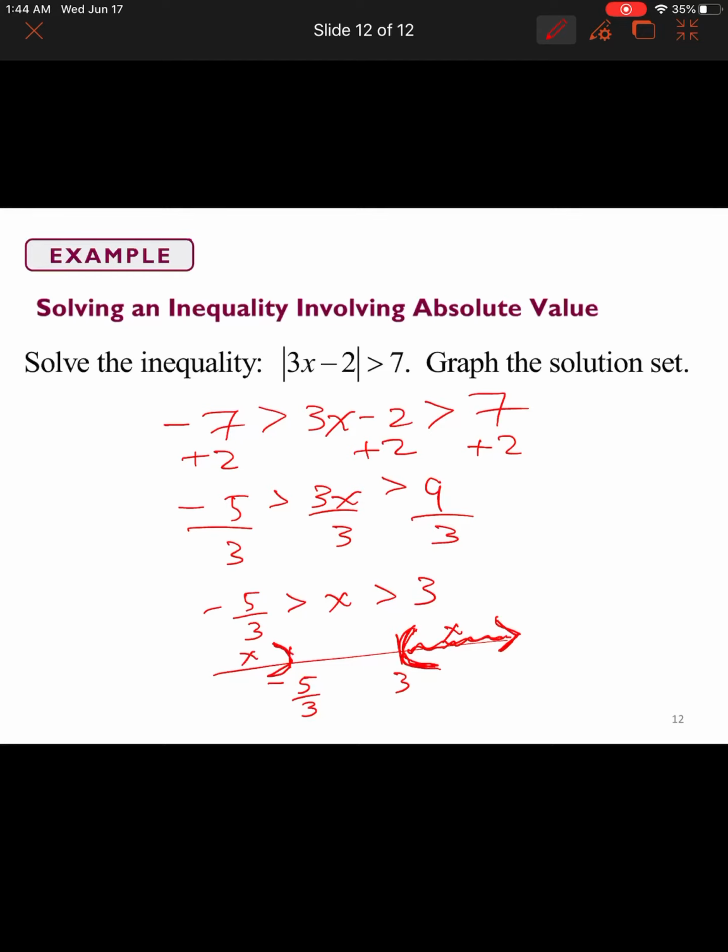So x is out here and x is out here, and we are going to infinity. Wow. So the way you would write that, in interval notation, you went to the left forever, from negative 5 thirds, union, to the right forever.